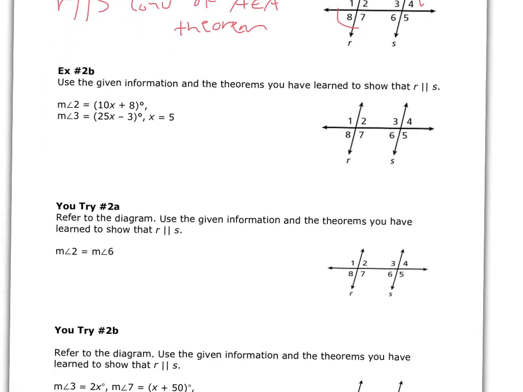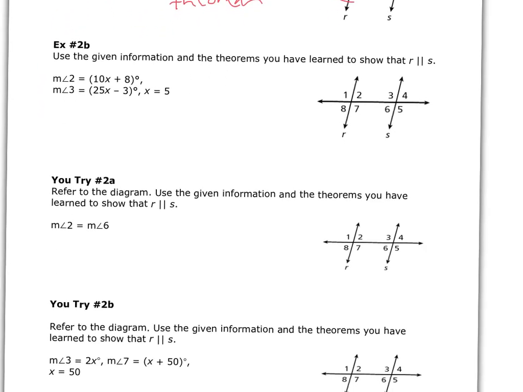Okay, let's try the next one. So we know that measure angle 2 is 10x plus 8, and we know that measure angle 3 is 25x minus 3, and we want to go ahead and plug in x equals 5 for all of those.